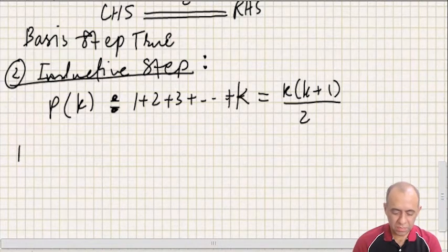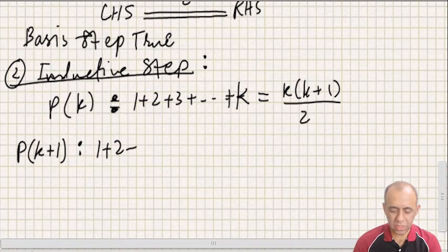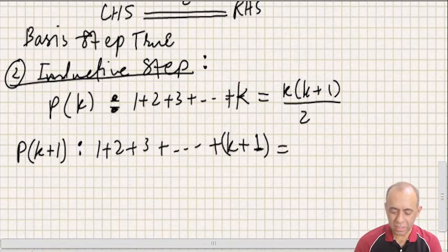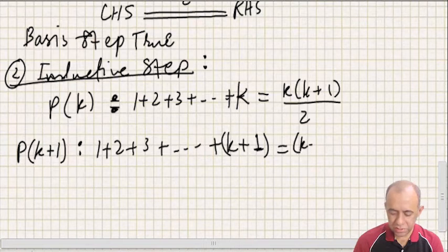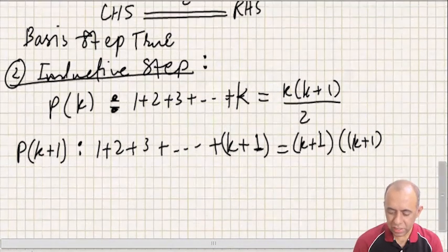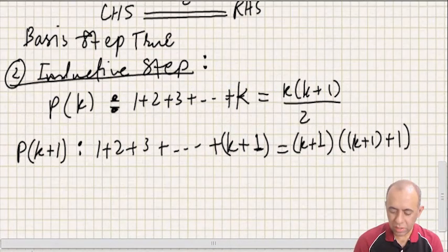So P of k plus 1 based on P of k would be 1 plus 2 plus 3 plus so on. Now we are simply using substitution here. We are not adding anything to it or doing anything like that, right? Just substitution. Instead of n, now we are writing k plus 1. You can verify if I am doing it right. Plus 1 divided by 2.